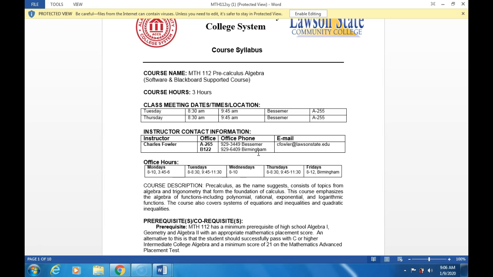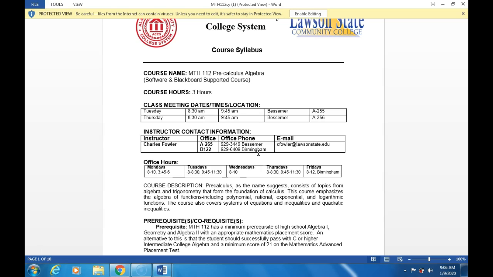Prerequisites has a minimum prerequisite of high school algebra. It should be algebra 2, but they say, oh no, algebra 1, geometry, and algebra 2 with an appropriate mathematics placement score. Basically, it gets down to if you scored for it, you should be here. If you made intermediate college algebra and passed that, you should be here.